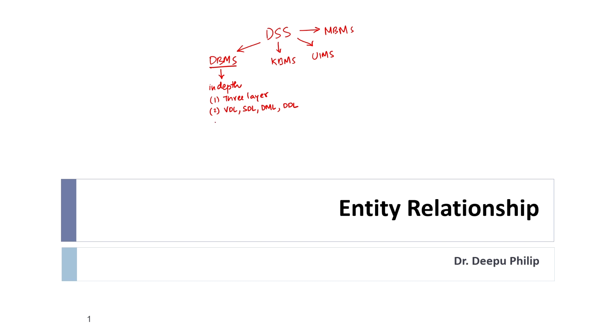And now we are in the process of the conceptual design. Okay, that's what we are trying to do today: how do we do the conceptual design of the database, and for that we need what we call the entity relationship. And from there we translate to what we call an ER diagram as part of it.